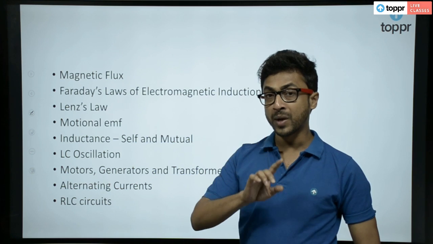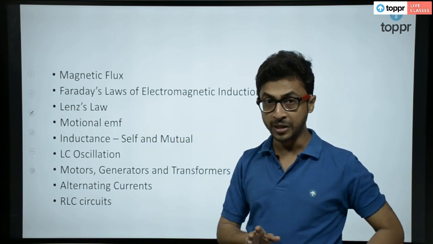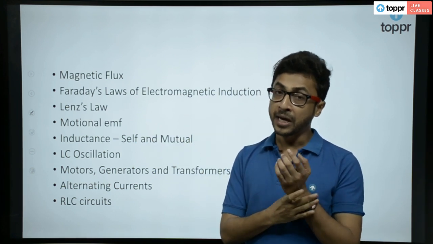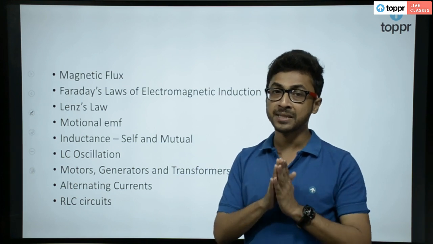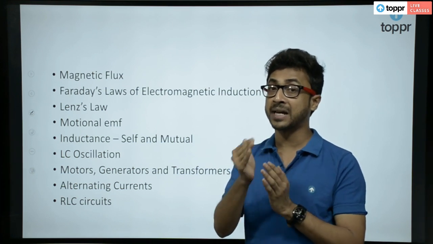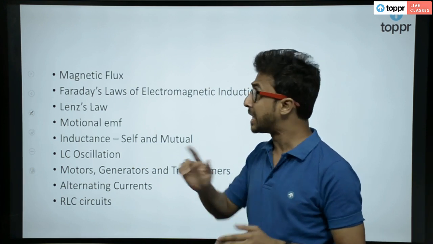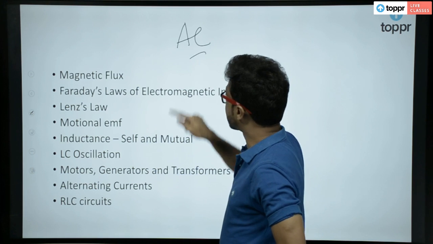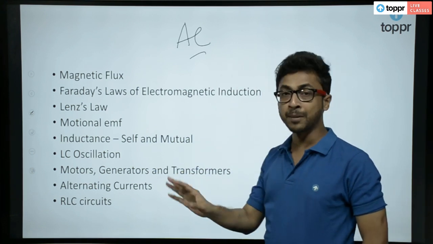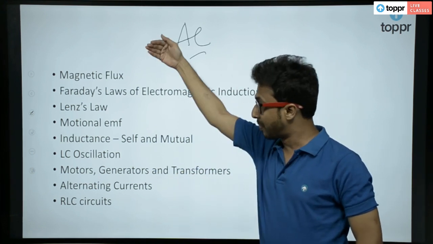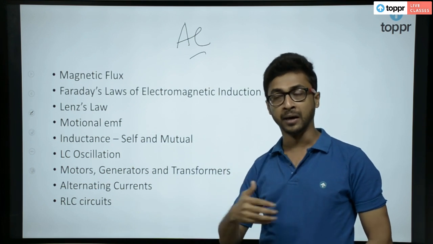In electromagnetic induction, because of the change of magnetic flux, we are generating current, mostly AC, that is alternating current. So we are combining both these topics together.